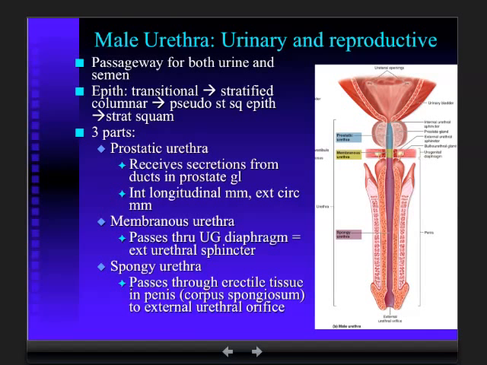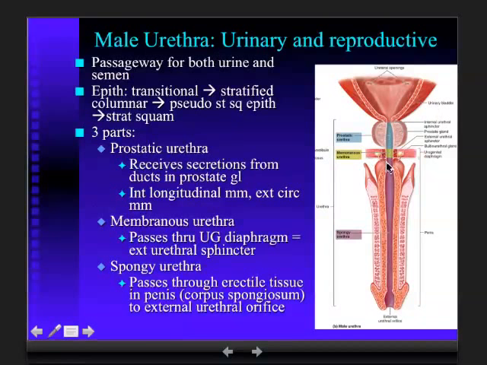We describe the urethra in the male as the prostatic urethra, followed by the membranous urethra, which passes through the urogenital diaphragm, and this forms the external urethral sphincter in the male.